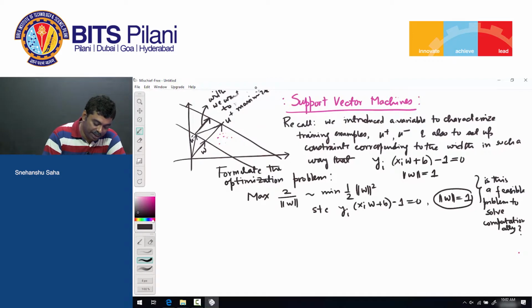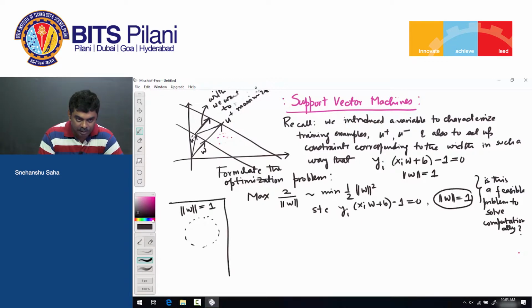It represents a sphere with radius 1. The question is, is this a hollow sphere or a solid sphere? If I pick 2 points, what this represents is the circumference, all the points at distance 1 from the center.